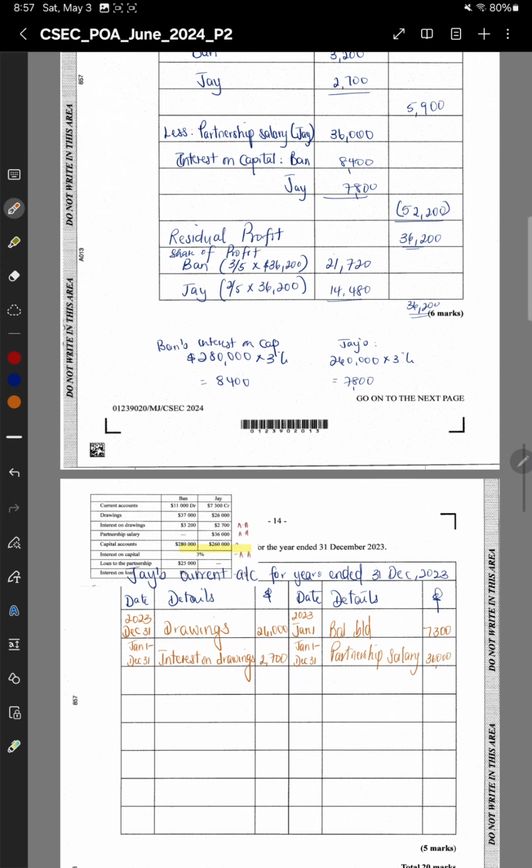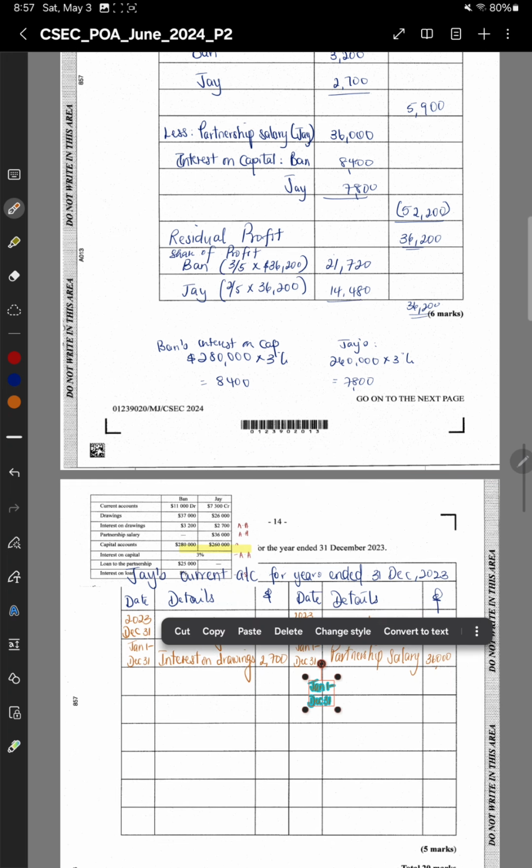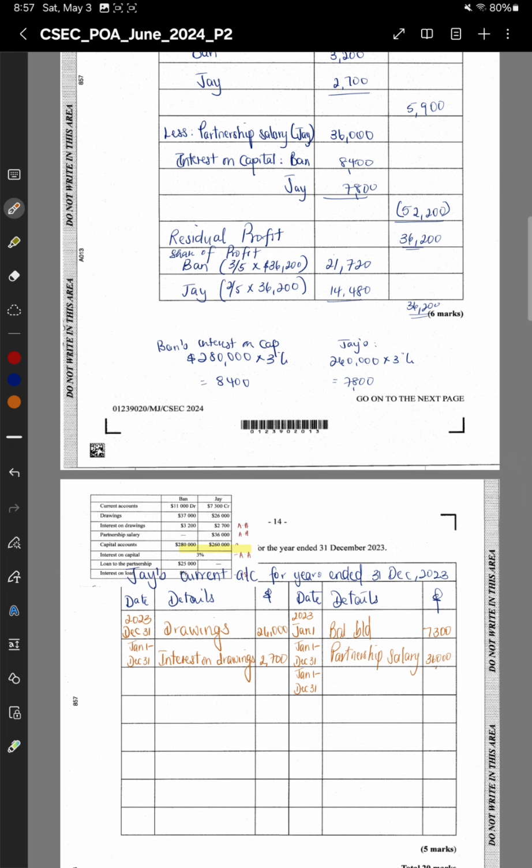Then also we have interest on capital for J, and that is $7,800. And the final thing is share of profit. This is going to be December 31st, and that's $14,480.